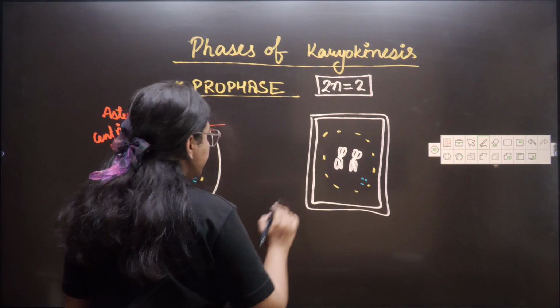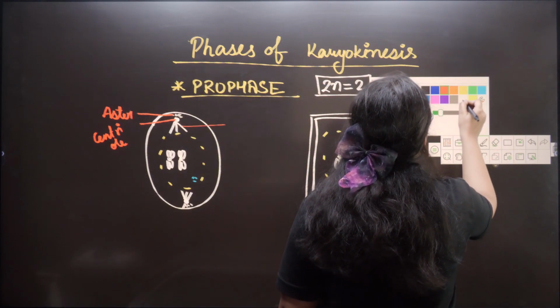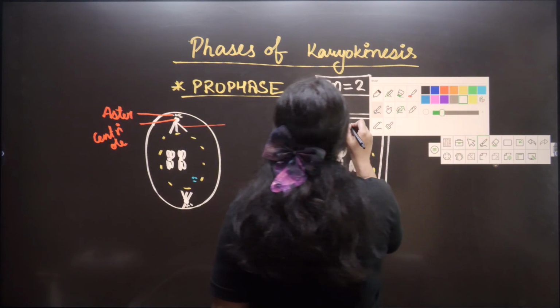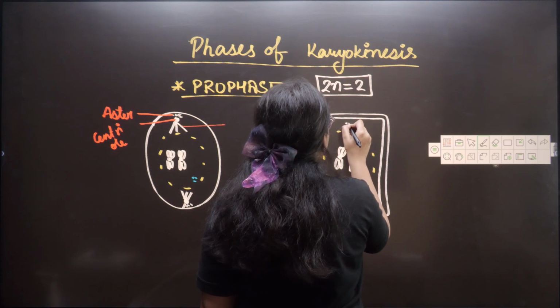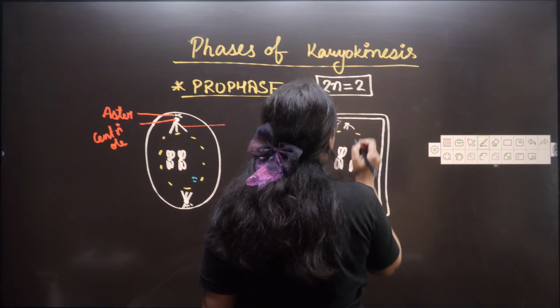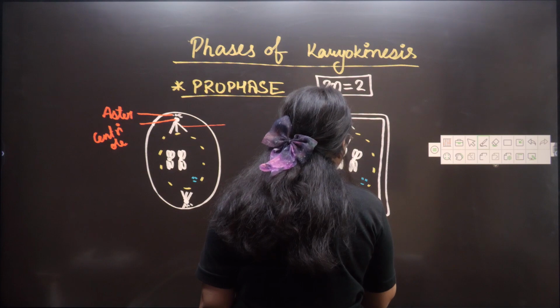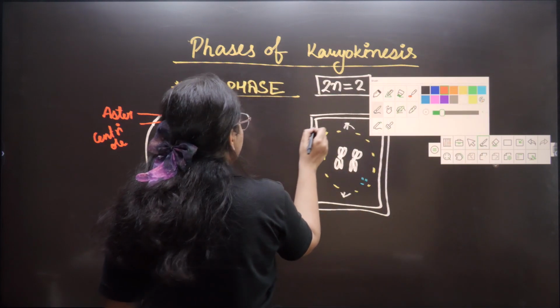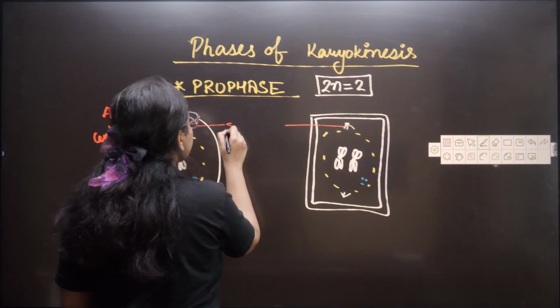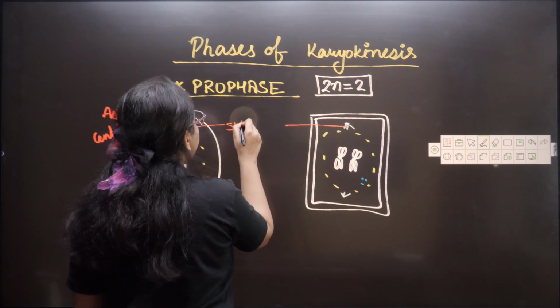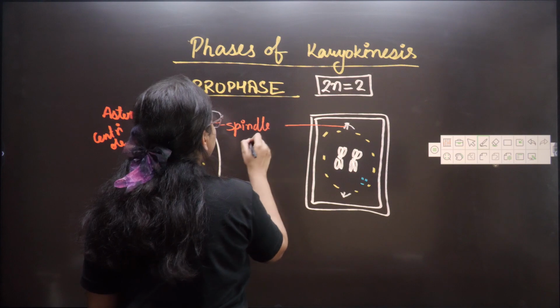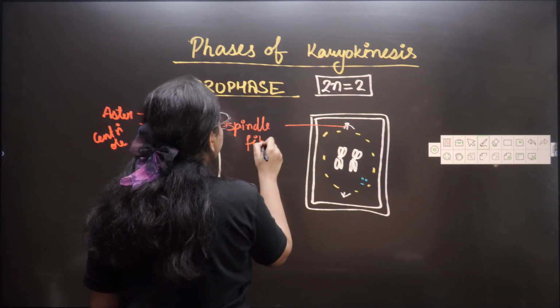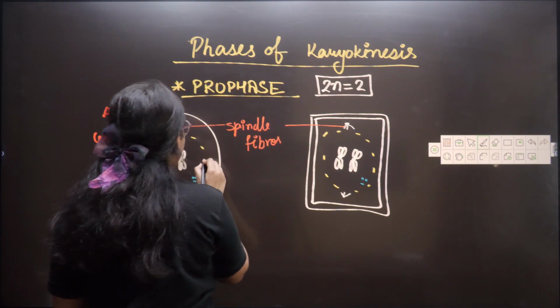Oh, I haven't drawn it yet, let's draw it here. Here centrioles are not there, only spindle fibers, no aster, nothing. So these are the spindle fibers.